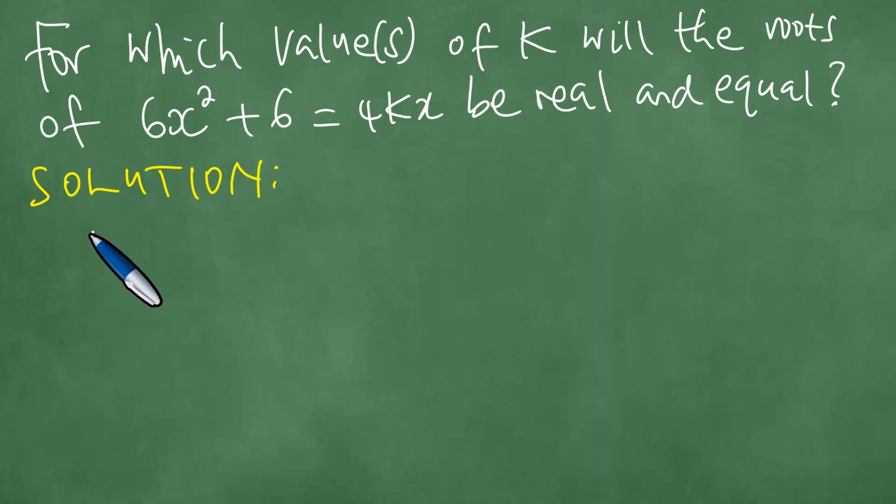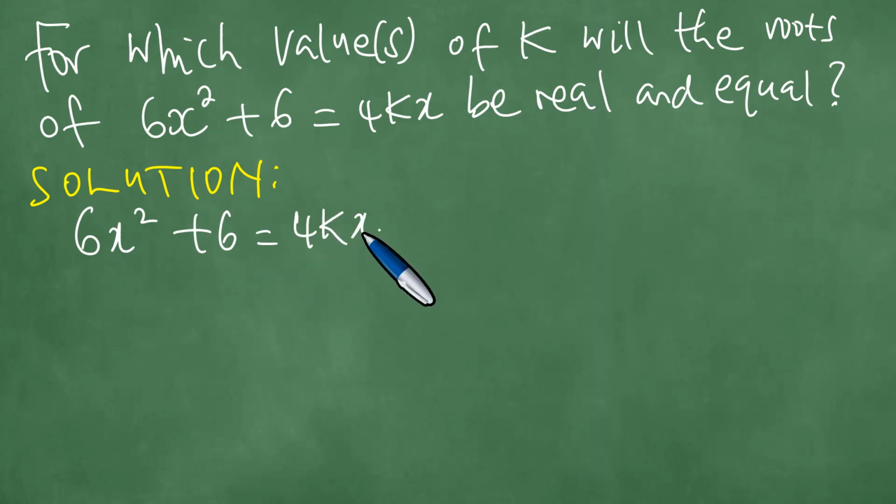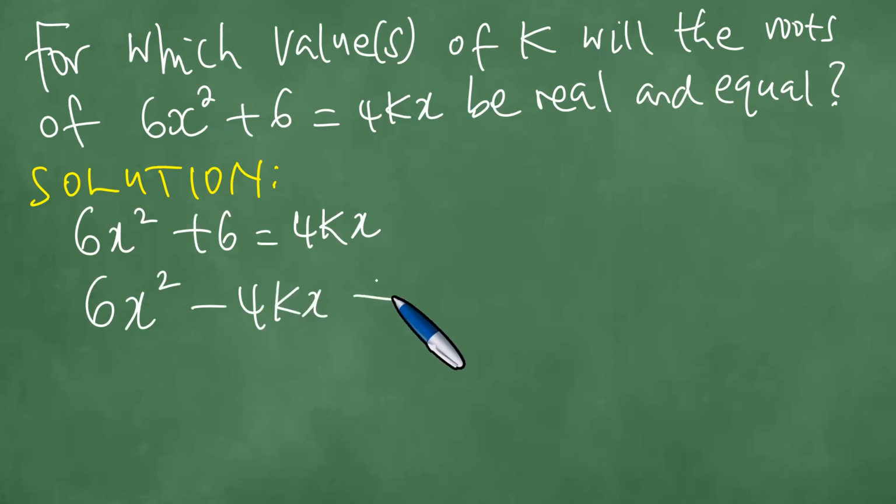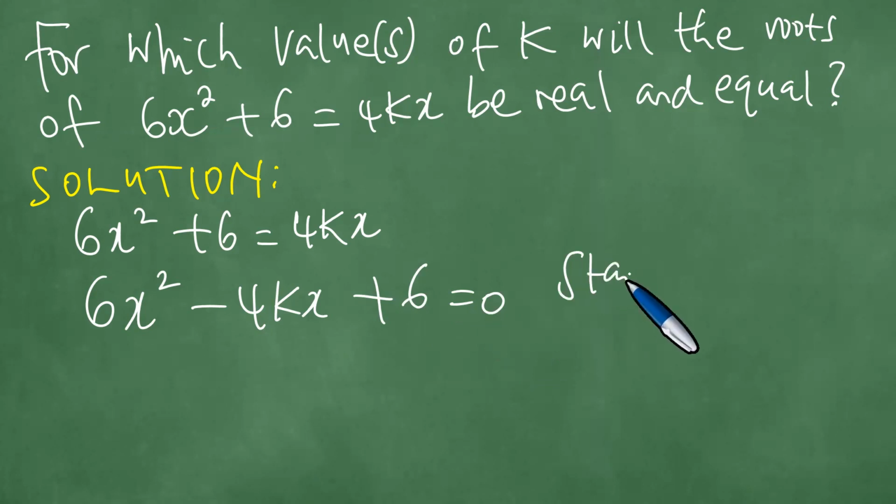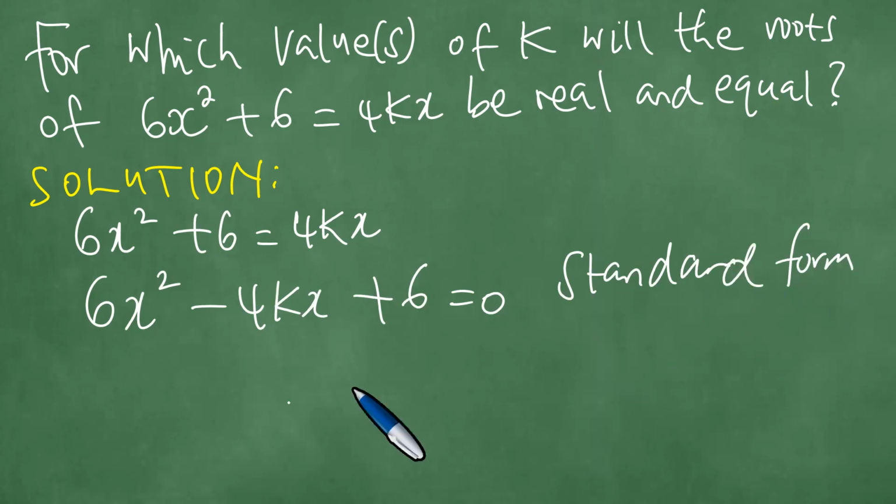So we look at the question, which is 6x squared plus 6 equals 4kx. And this is 6x squared minus 4kx plus 6 equals 0. And this is called the standard form.